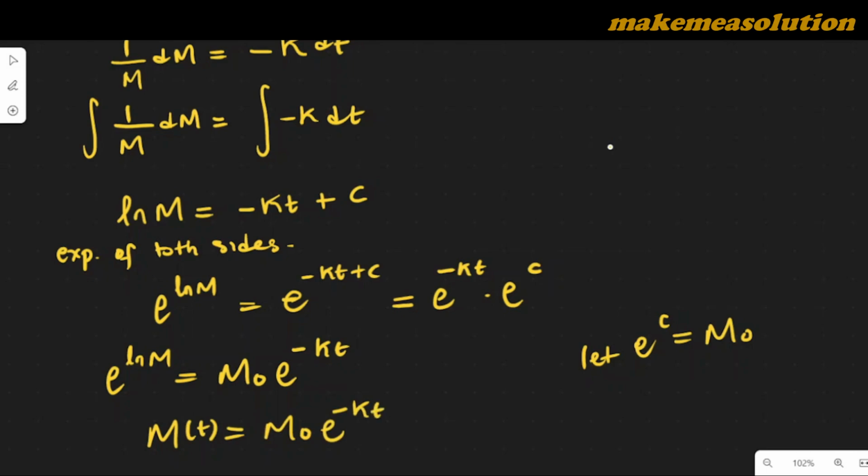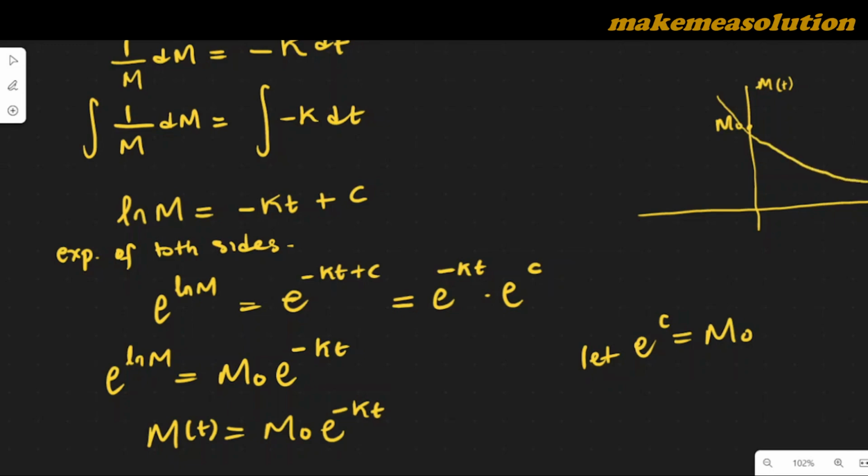So this is how the graph is going to look. You have your m of t, then let's assume we have our m naught starting from somewhere here. So the graph actually goes like this.